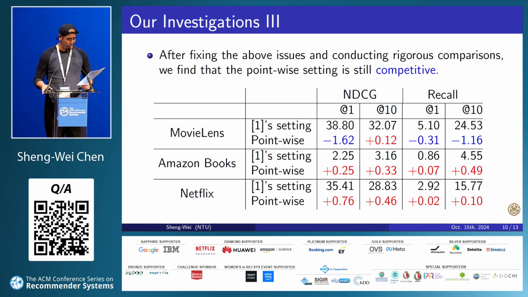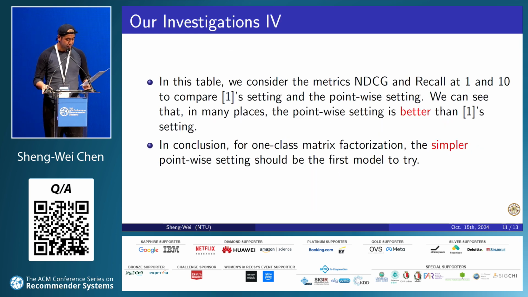We can see that in many places, the pointwise setting is better than work number 1's setting. Okay. In conclusion, for one-class matrix factorization, the simpler pointwise setting should be the first model to try.